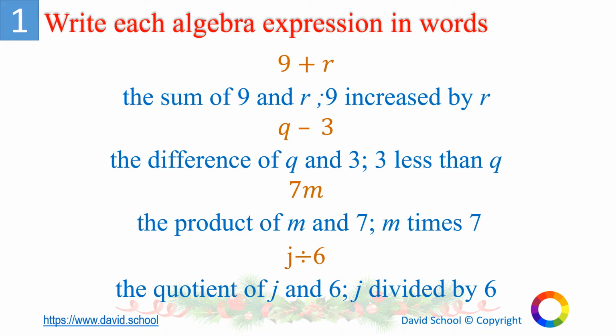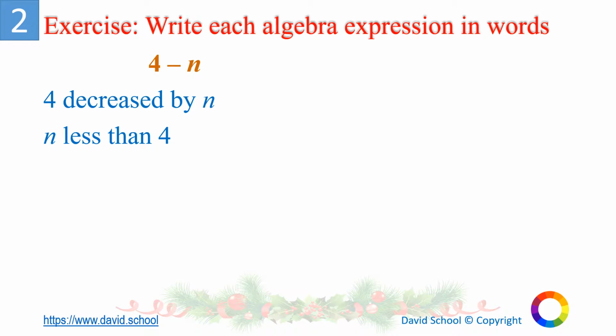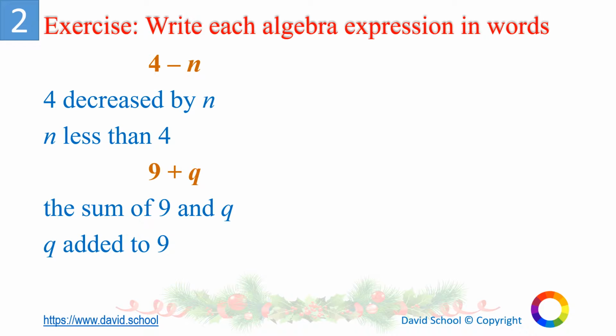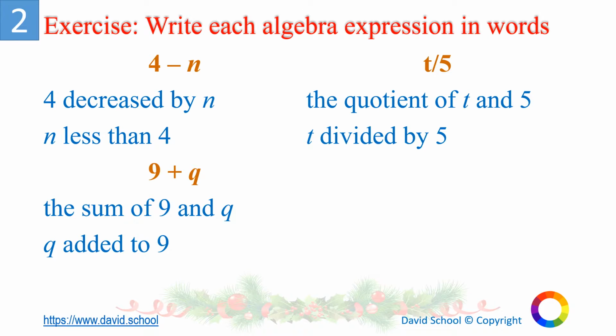Let us see another example. 4 minus n, or 4 decreased by n, or n less than 4. 9 plus q, the sum of 9 and q, q added to 9. t divided by 5, or the quotient of t and 5. 3h, 3 times h, the product of 3 and h.